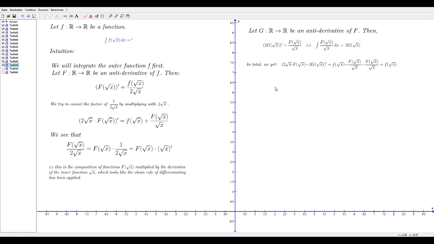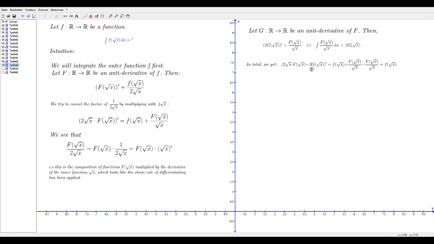So let us do exactly what I said. In total, we choose 2 square root of x times capital F of square root of x minus 2 capital G of square root of x, and take the derivative of this new function. We've already taken the derivative of the left term. We get f of square root of x plus capital F of square root of x divided by square root of x.